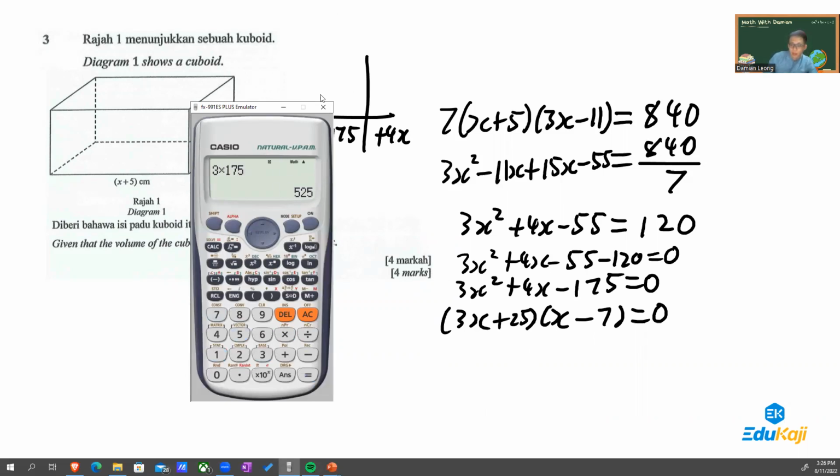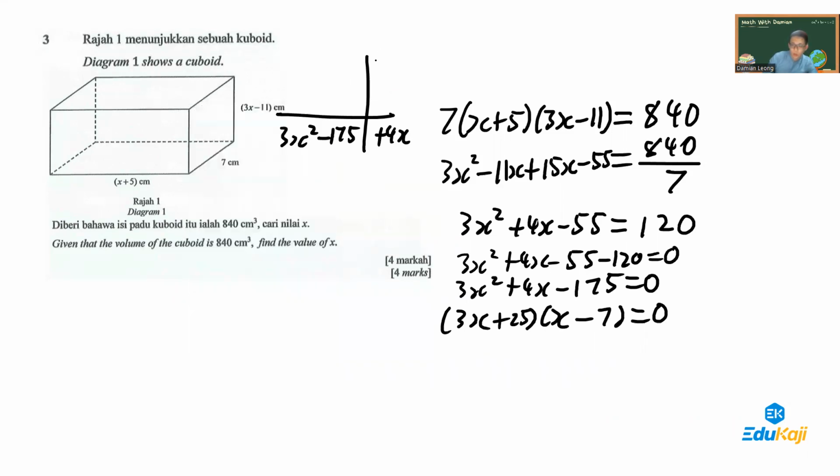I need the factors of 525, which I can use, plus 25x minus 21x, to get 4x. So 3x times negative 7 is minus 21x, x times positive 25 is plus 25x. That's how I get (3x plus 25)(x minus 7).